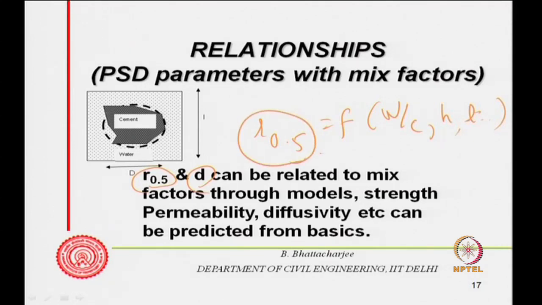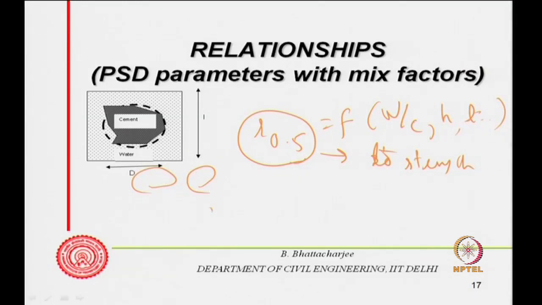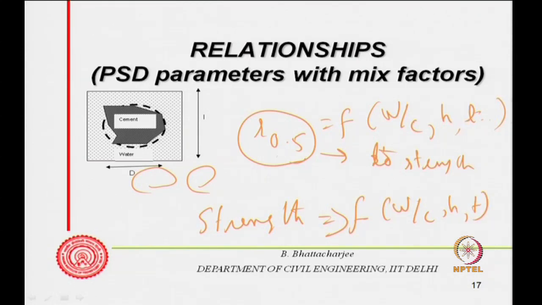We know that R 0.5 is related to strength, so strength can be expressed as a function of W by C, H and T, because strength is a function of R 0.5 and phi. Now, phi can be estimated from Power's model.